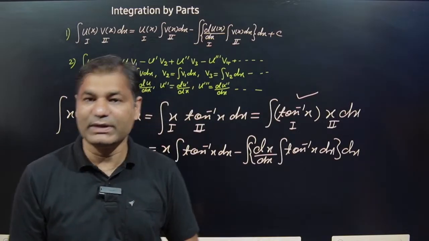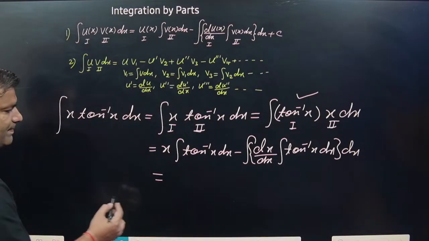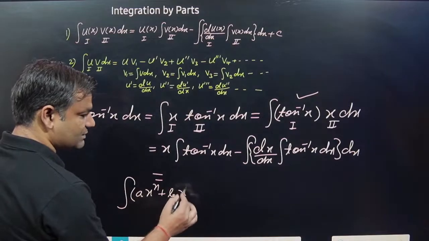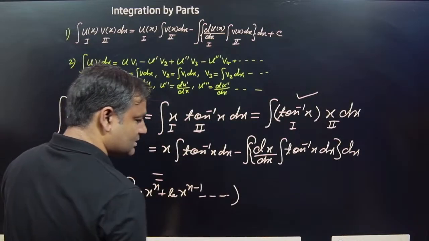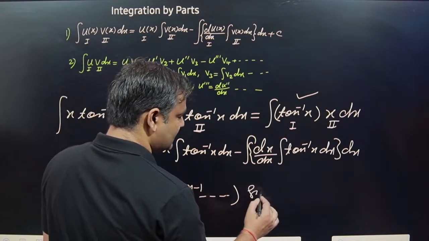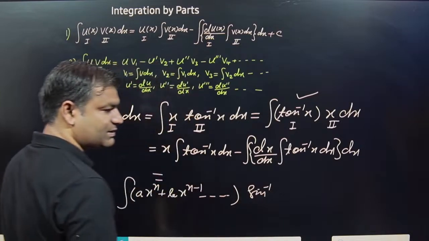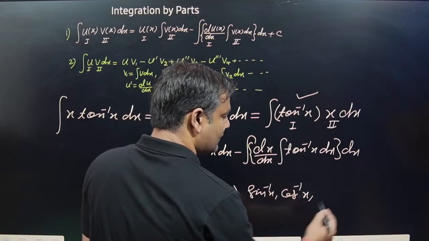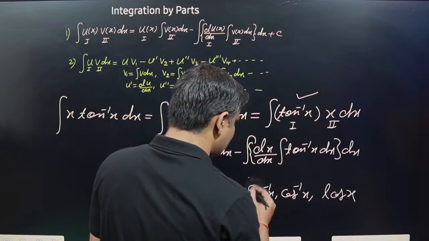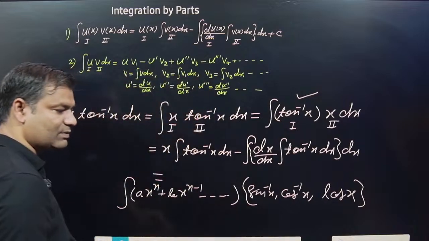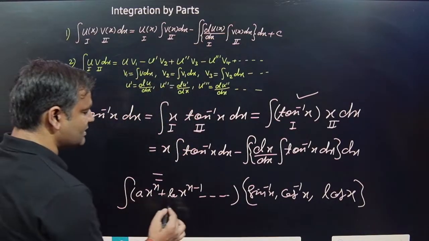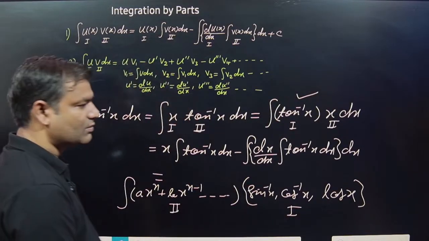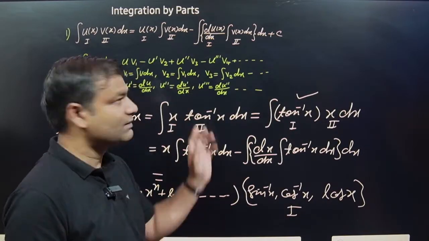Simply, here we have a polynomial a into x to power n plus b into x to power n minus 1 and so on, into sine inverse x, cos inverse x, tan inverse x, or log x type function. In this type of problem, the polynomial is taken as the second function and the inverse function or log as the first function. So first into second, then apply that formula.